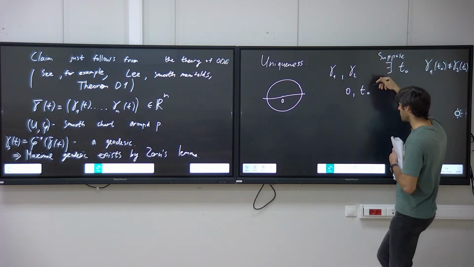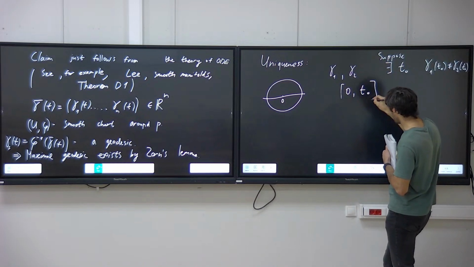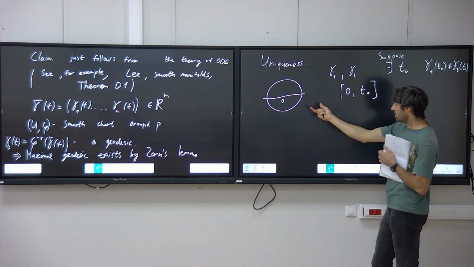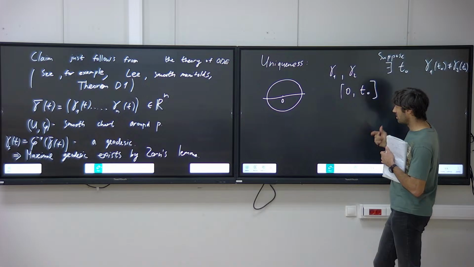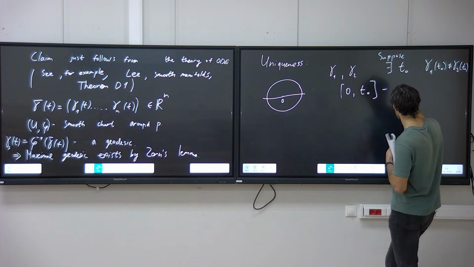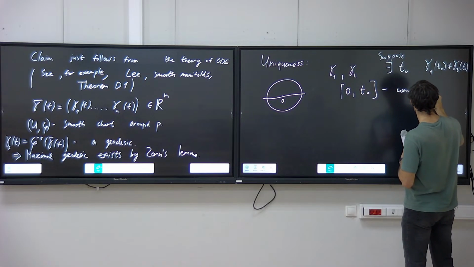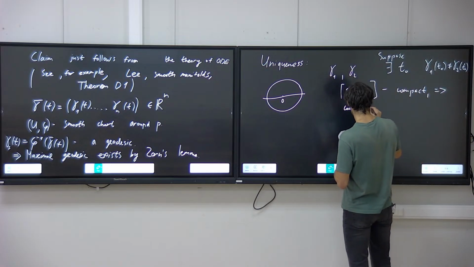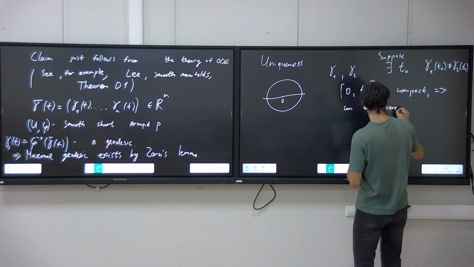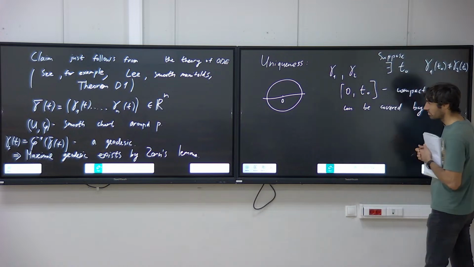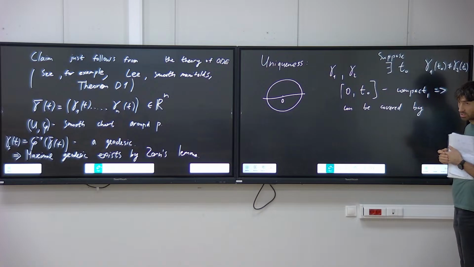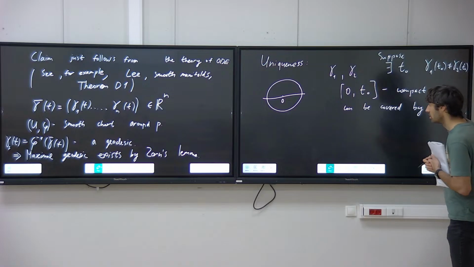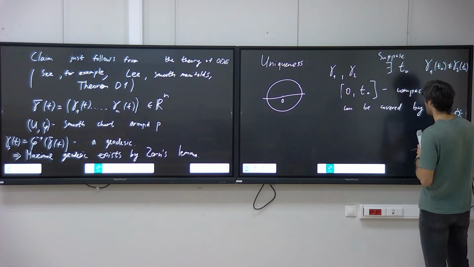And I need to use that this is compact. So therefore it can be covered. The first point where they are not equal to each other, or just some point? Well, some point. Okay. Yeah, so they can be covered.